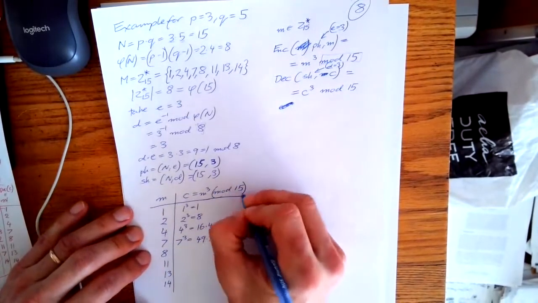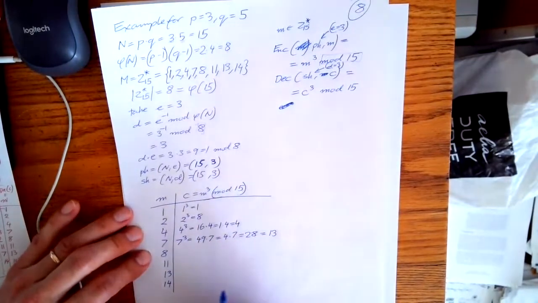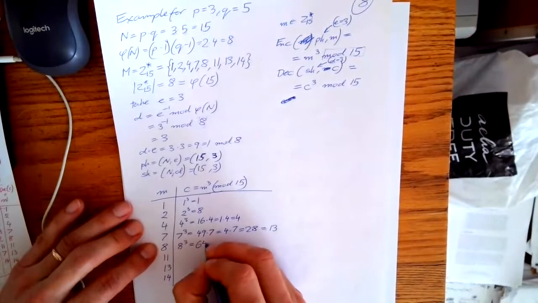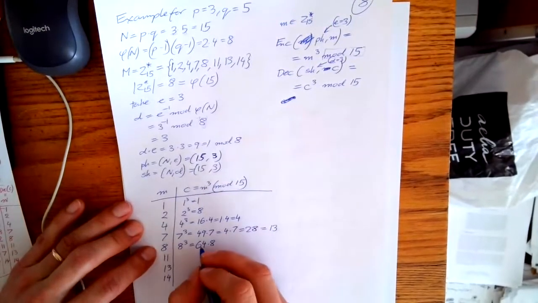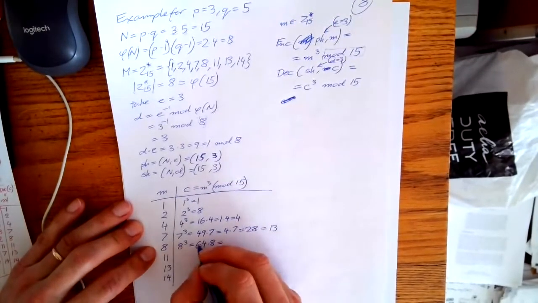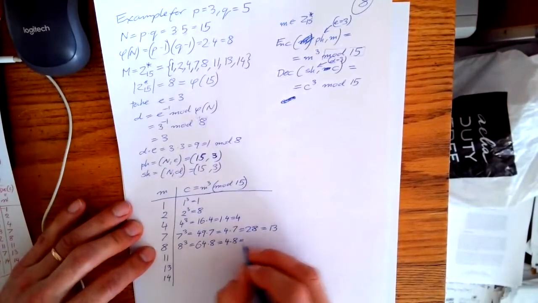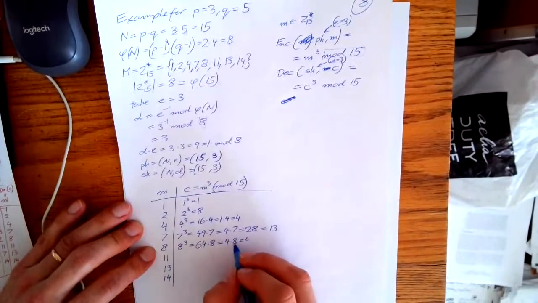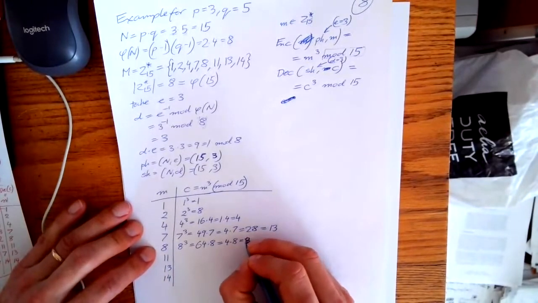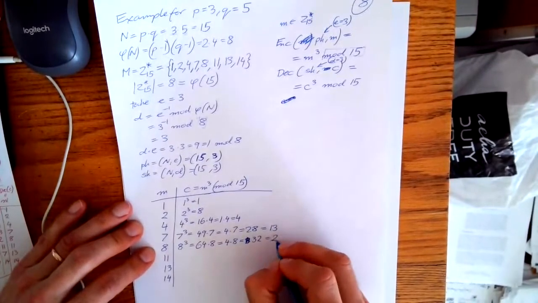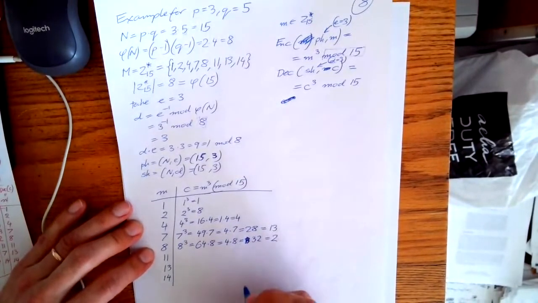Everything here is mod 15. Okay, so 8 to the third is 64 times 8. 64 mod 15 is 4, since 60 is the nearest multiple. It's 4 times 8, which is 32. And mod 15, that's a 2, because 30 is 0.